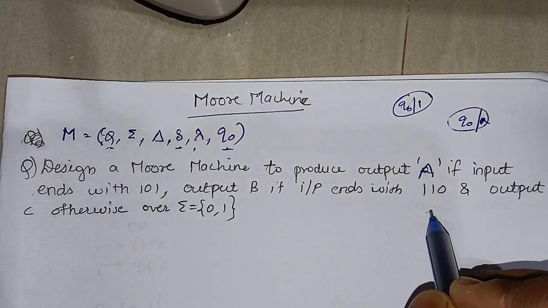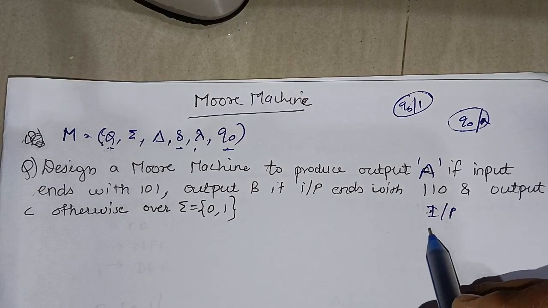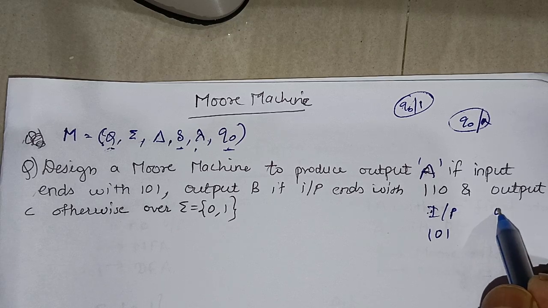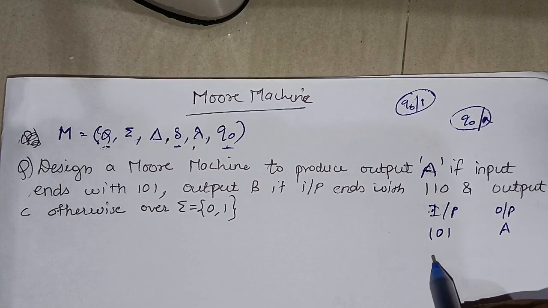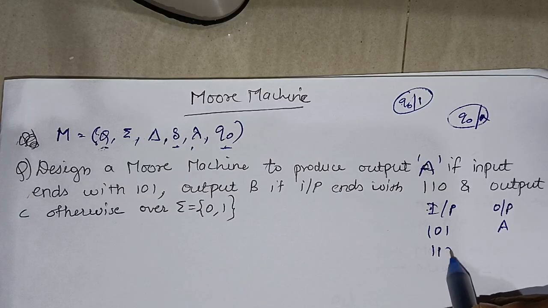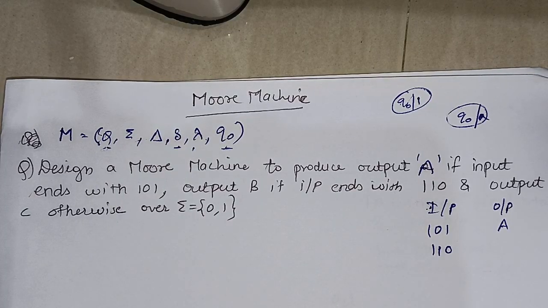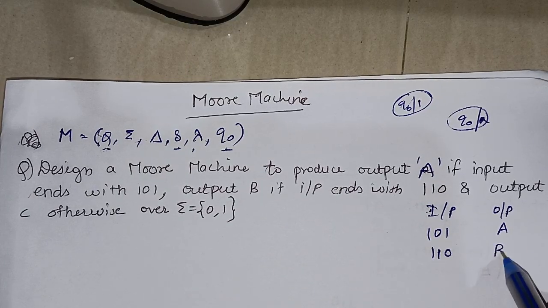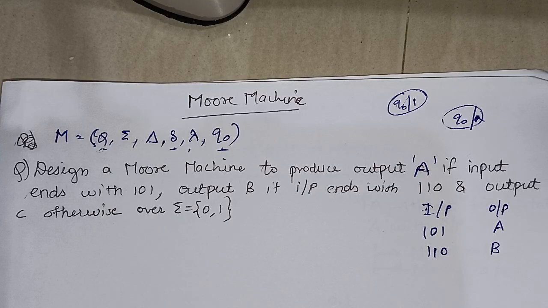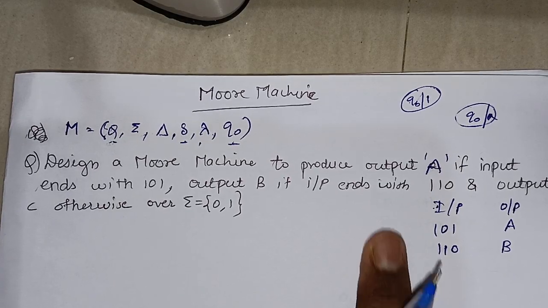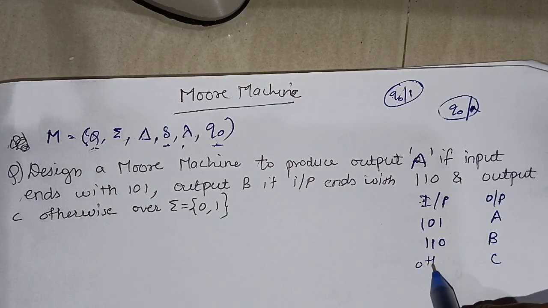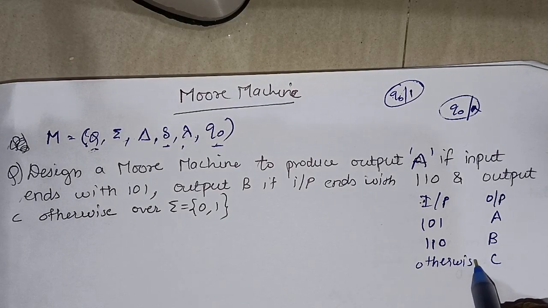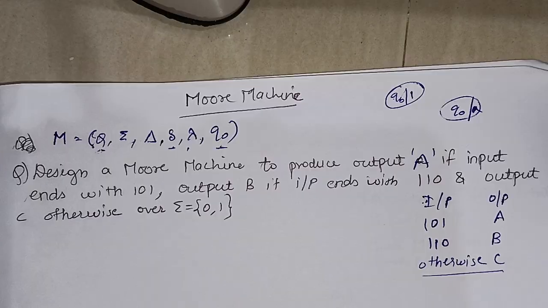Means if the input ends with 101, output is A. If the input ends with 110, then output B. If the input doesn't end with any of these conditions, then the output is C otherwise. Okay, based on it we will start solving.